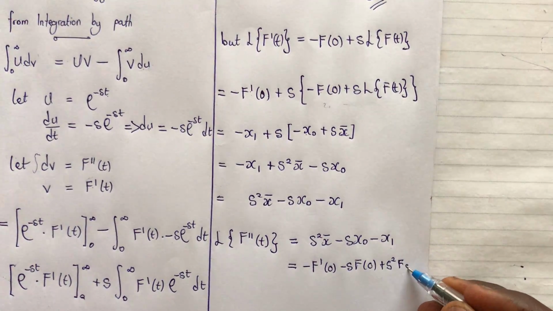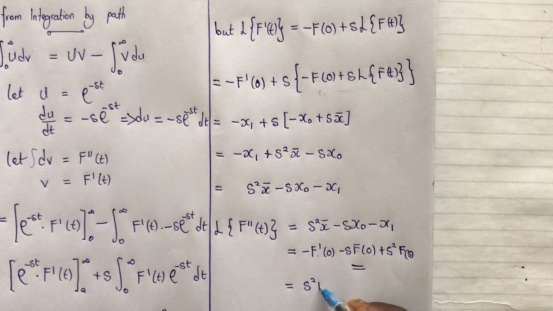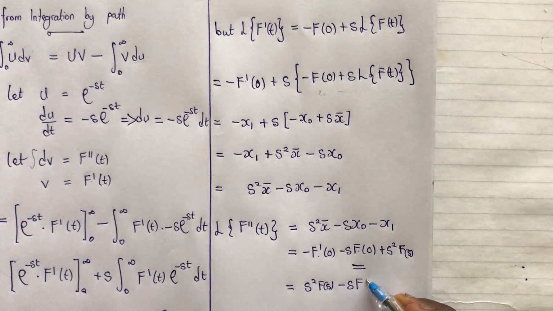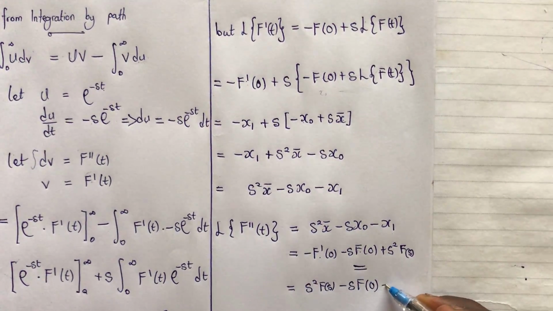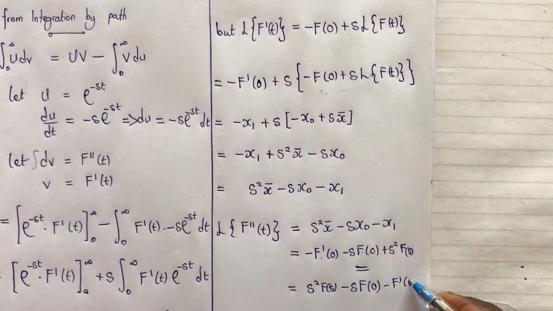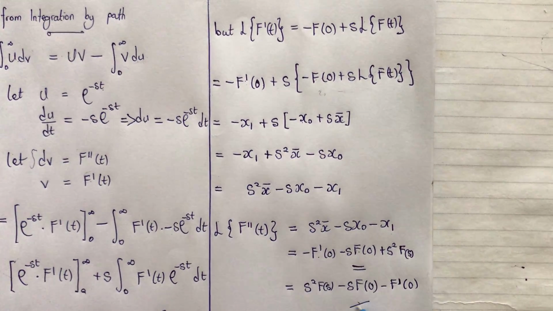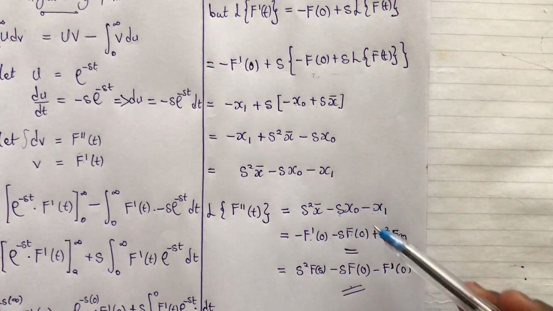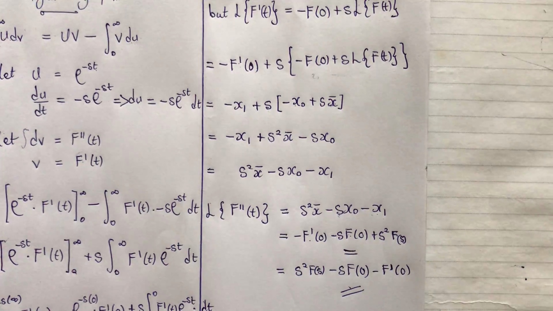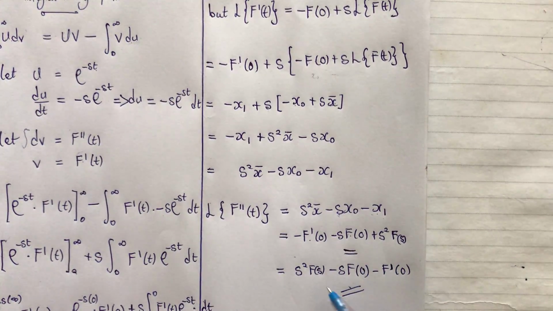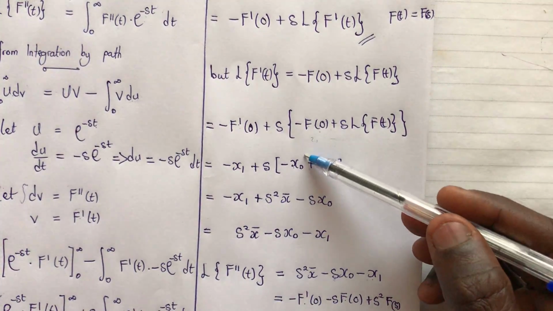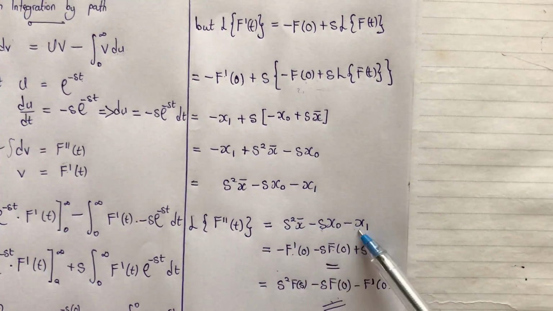So we have s squared f of s minus s f0 minus f bar of 0. And this will be your final result. So you can convert the Laplace transform in this form using notation, or you leave it in this form. Any of them is correct. So if you want to leave it in this form, when you get here, you just write this answer down here. But if you want to convert to notations, then you can leave it in this form.